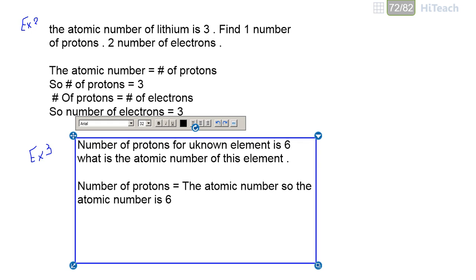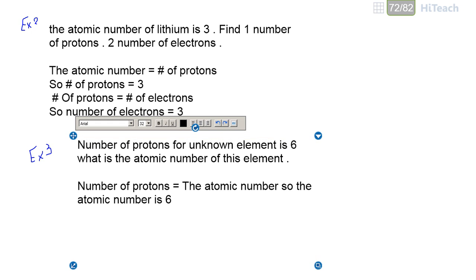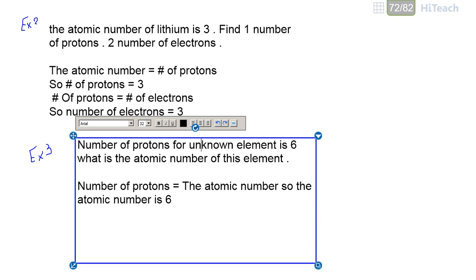Sorry, here I wrote it wrong. For this unknown element, I have to use the periodic table. We will learn how to use it next time, inshallah, when we finish this lesson and start talking about the periodic table. But now, we can go to the periodic table and find the element that has the atomic number 6, so we can know the element is carbon.